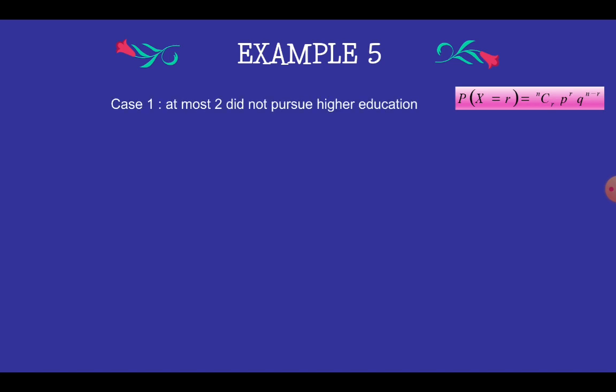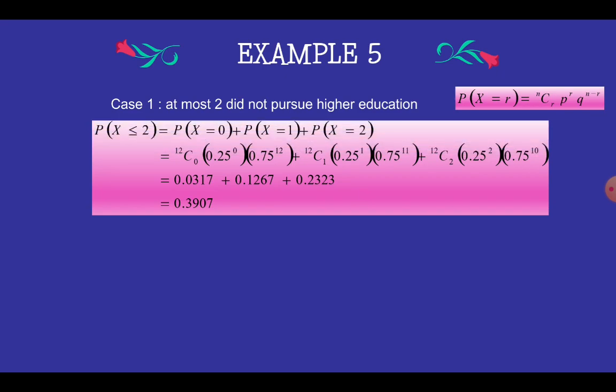Okay, case 1. At most 2 did not pursue higher education. So it means that the person involved at most 2, of course, when x equals to 0, x equals to 1, x equals to 2, because we said that at most is when x less than or equals to 2.